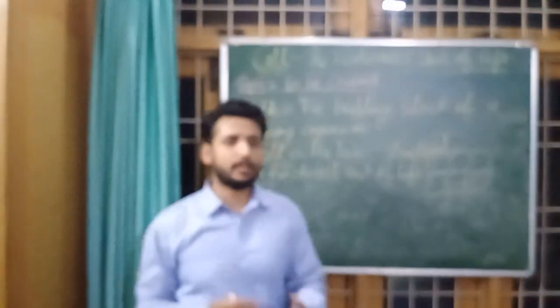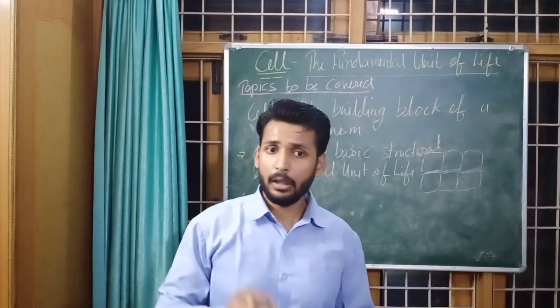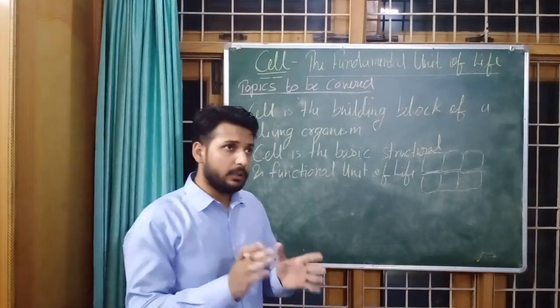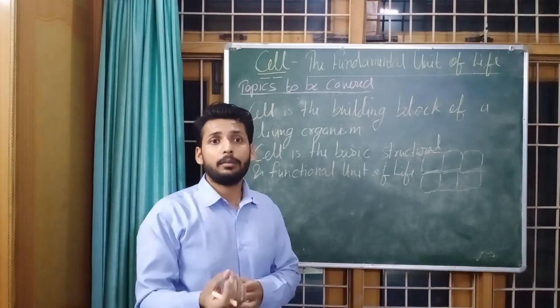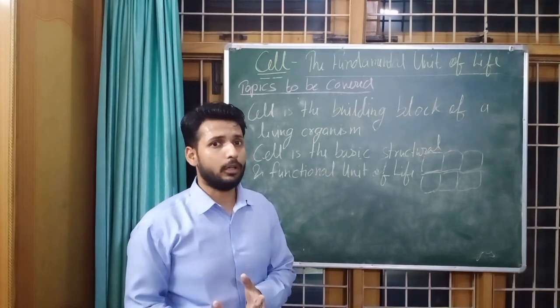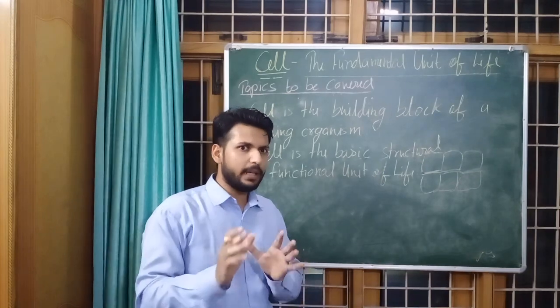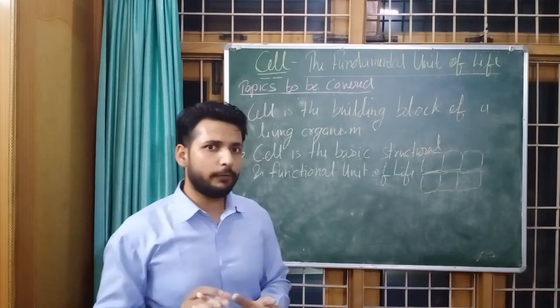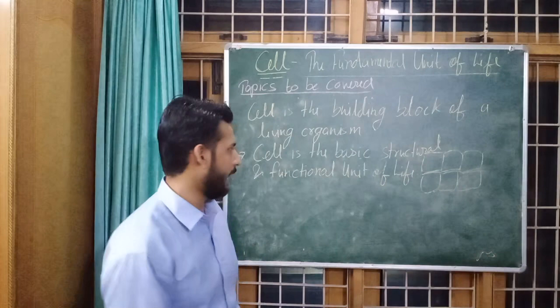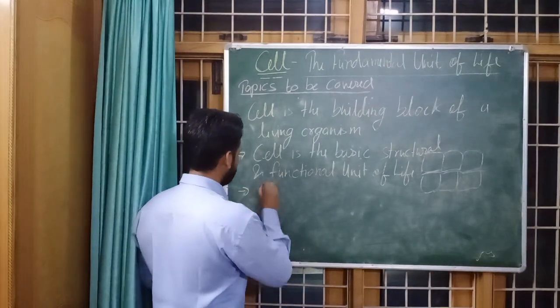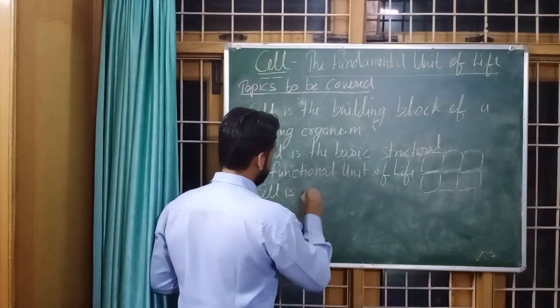So cell is the basic structure and functional unit of life. And as I told you, there are some microscopic unicellular organisms also. Unicellular means one cell. So it means we can conclude that cell is capable of independent existence, right?